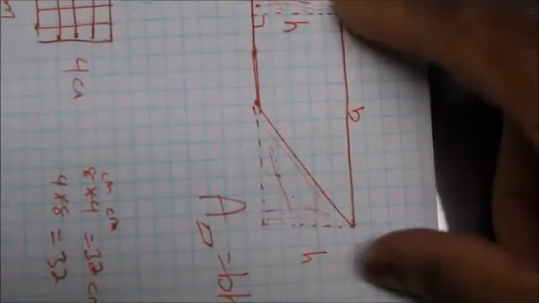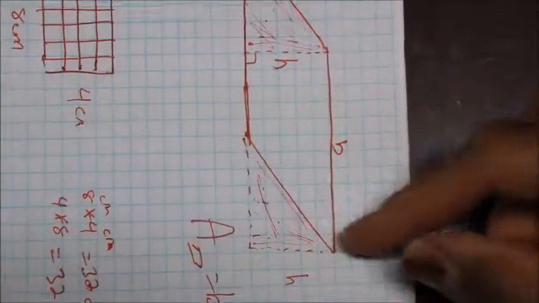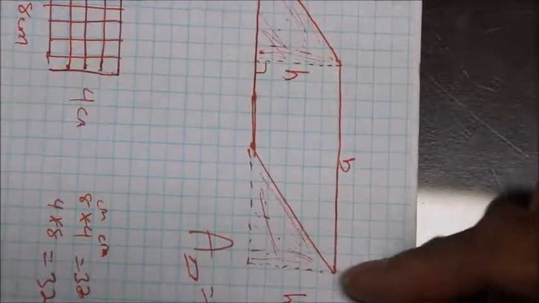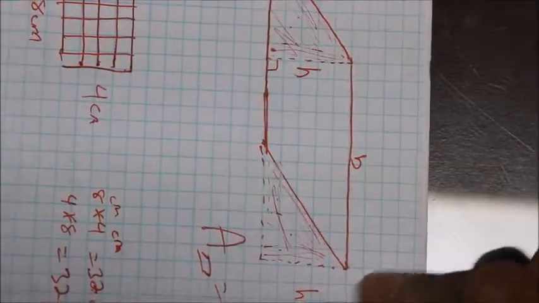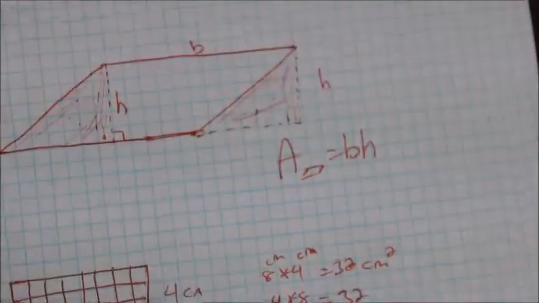If I were to rotate it, then I could call this my base and this would be my height. Bottom line is my height and my base should always form a perpendicular line. It doesn't matter the orientation, the area is going to be the same.